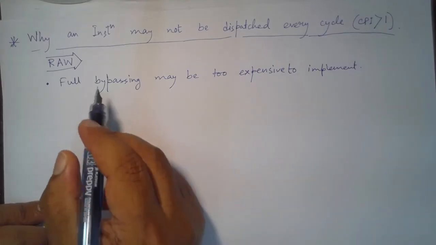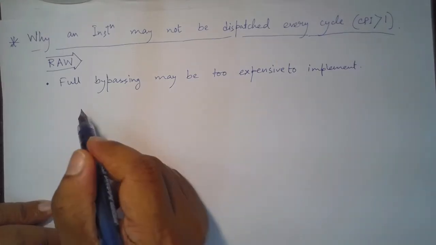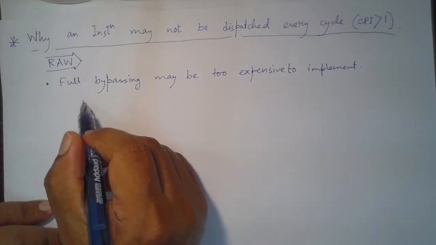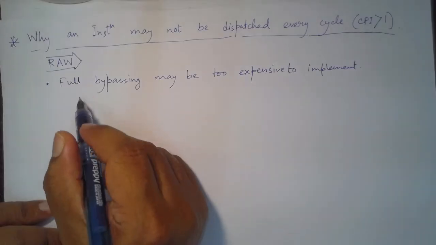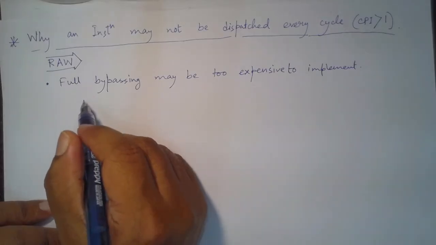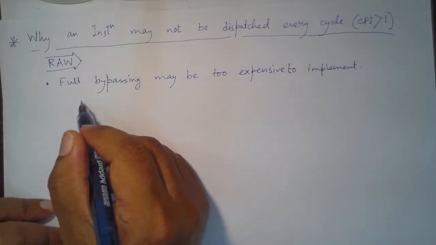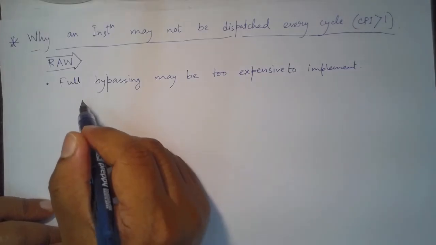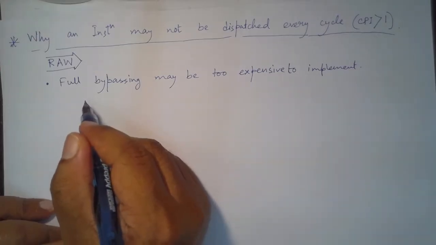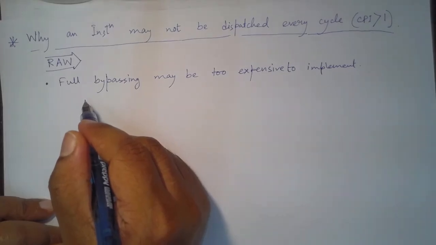So how do you handle that? Typically you try to bypass very frequently used paths, and sometimes you also use some infrequently used bypass paths, but that can result in increased cycle time, and in a way can counteract the benefit of reducing CPI.